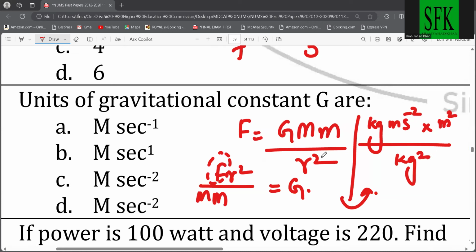So this is... well, Newton meter squared per kg squared is the answer in reality.